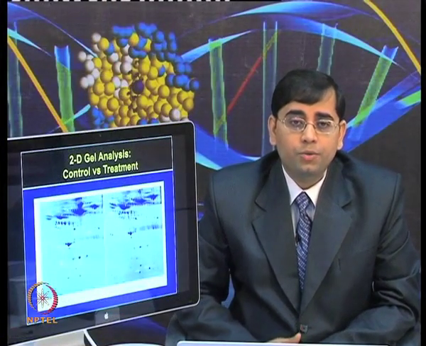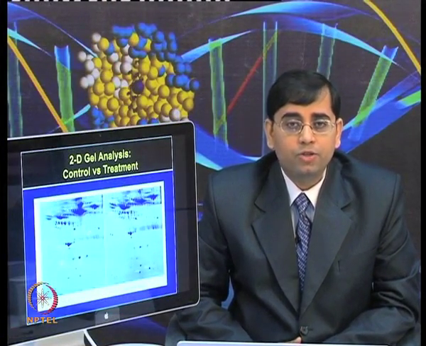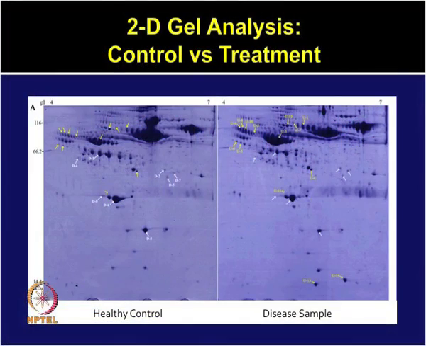Now, I am showing you a gel pattern of control and its comparison with the treatment gel. These are taken from one of the healthy controls and a disease sample, and each spot is compared from the control to the treatments.